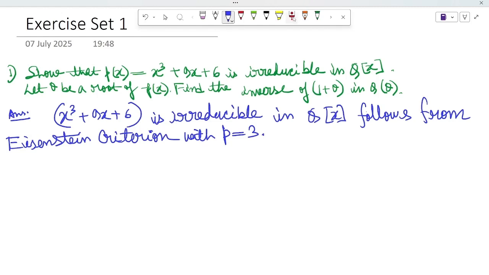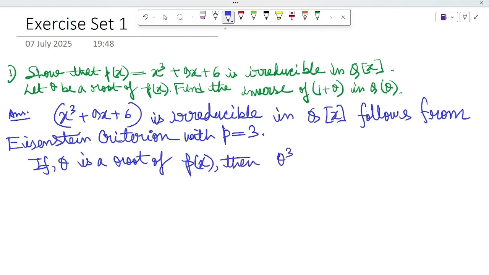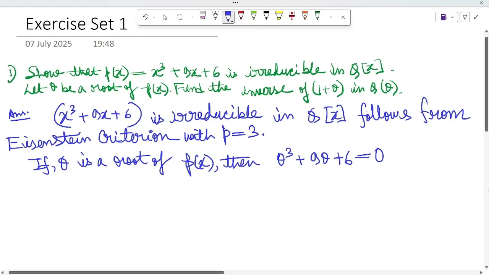Now, theta be a root of p(x). That implies theta cube equal to minus 9 theta minus 6.